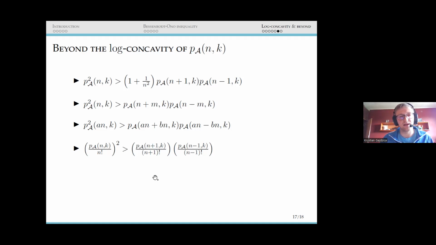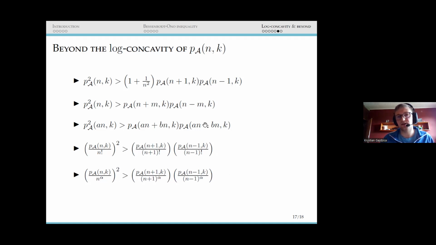And the last similar inequality is related to the log concavity of p of nk over n to the power alpha, where alpha is a positive real number. And up to this day, I only showed that this inequality holds for all alpha greater or equal than 1, but I strongly believe that it can also be shown for alpha between 0 and 1.